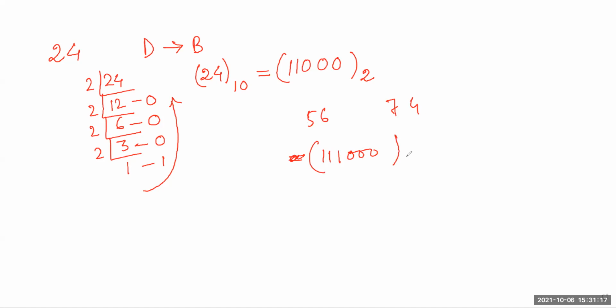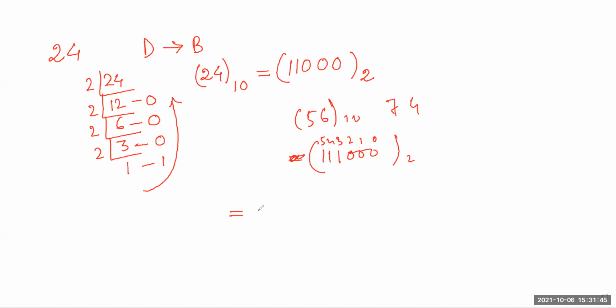In that case you can write this way that the base is 2, and you will count from 0, 1, 2, 3, 4 and 5. So you will check whether you get 56 this way or not.